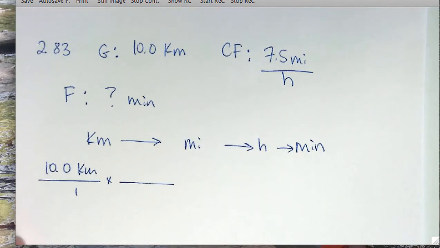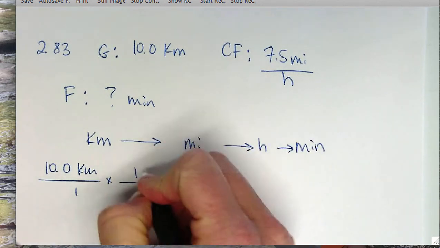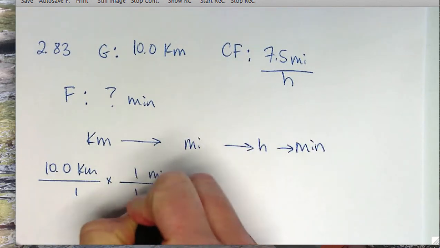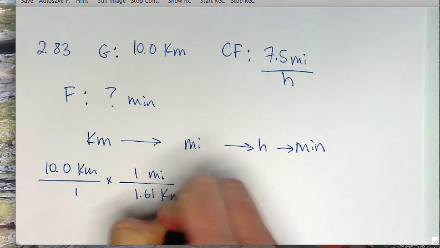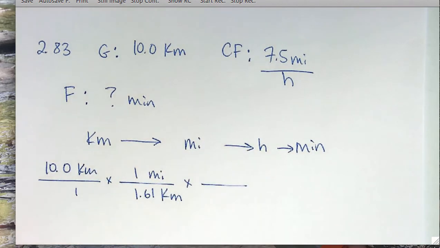I just looked at the sheet it gave us. 1 mile is 1.61 kilometers. Let me check. Yeah. All right, so 1 mile, 1.61 kilometers.